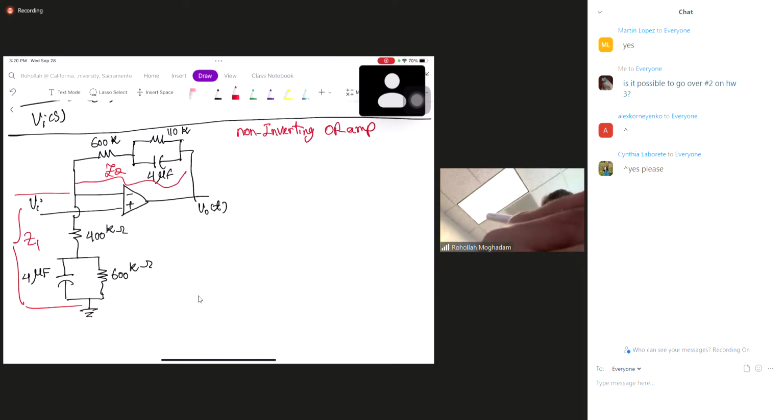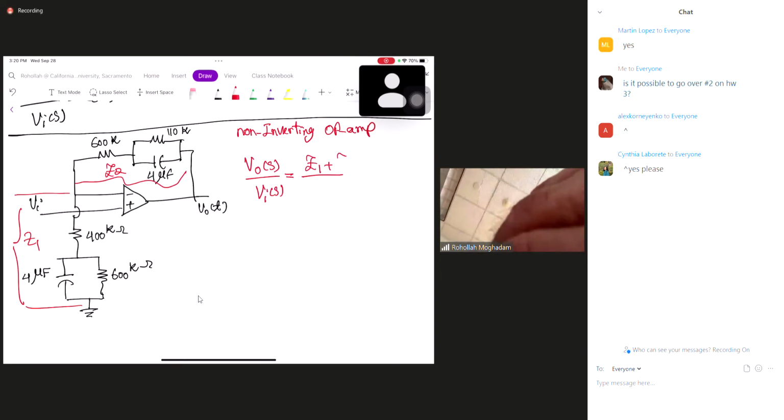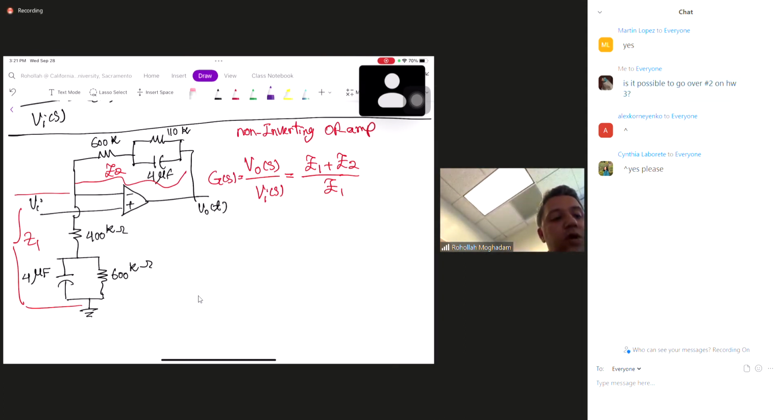So the equation for the transfer function is that VO of s over VI of s is (Z1 plus Z2) over Z1, right? This is G of s. Now, when we want to find the equivalent impedance of this circuit between two terminals, over here, between these 2 points, we have the same rule that we have for resistors.